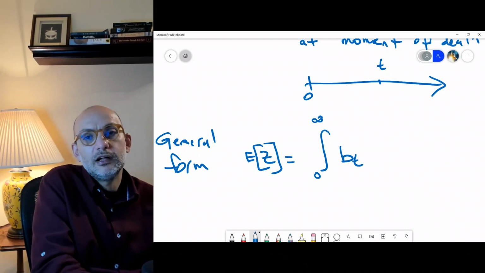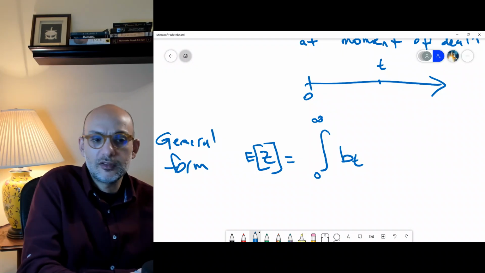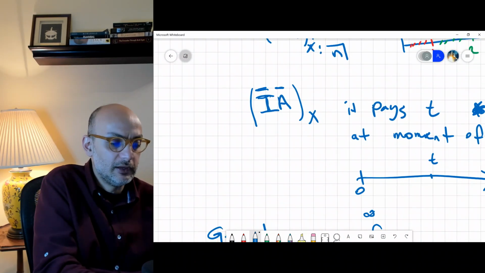The benefit amount, again, it can be 1, 2, 3, 4, 5, 6, not increasing by 1, but it can be t also. In this case, we'll replace it with t.